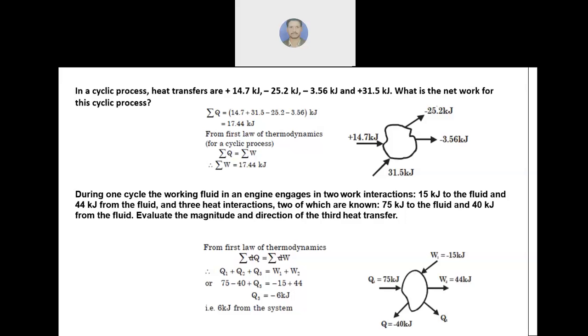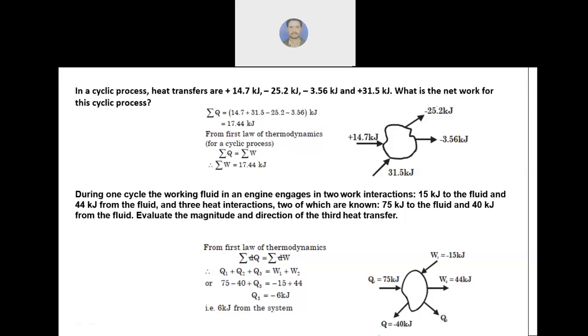Now coming to heat. 75 kilojoule to the fluid means you are adding heat to the system, which is positive, so Q1 is positive 75 kilojoule. Next, 40 kilojoule from the fluid means you are taking heat from the system, so it is negative.